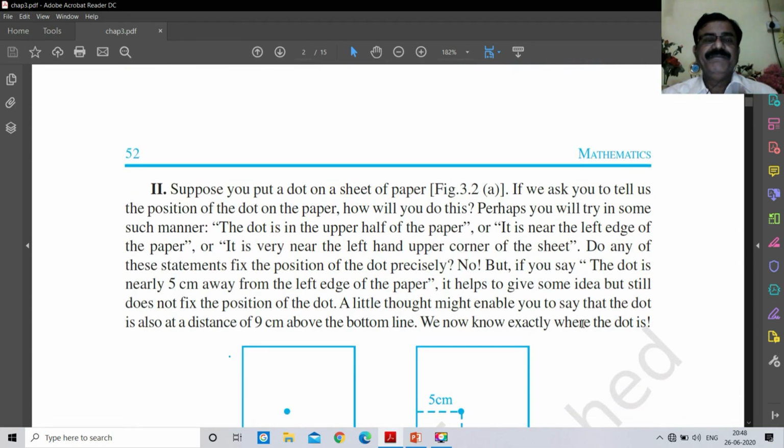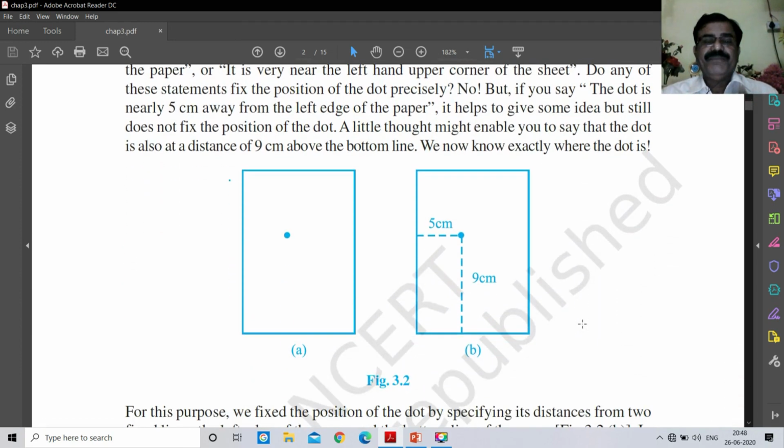You can see figure 3.2, where a point is located which has two values, horizontal and vertical. The distance in the vertical direction is 9 centimeter, while the horizontal distance is 5 centimeter.